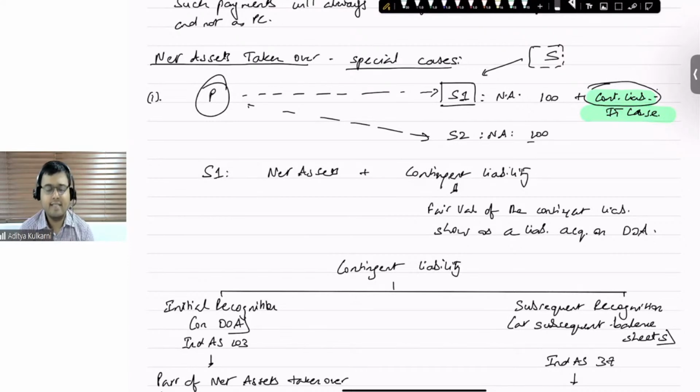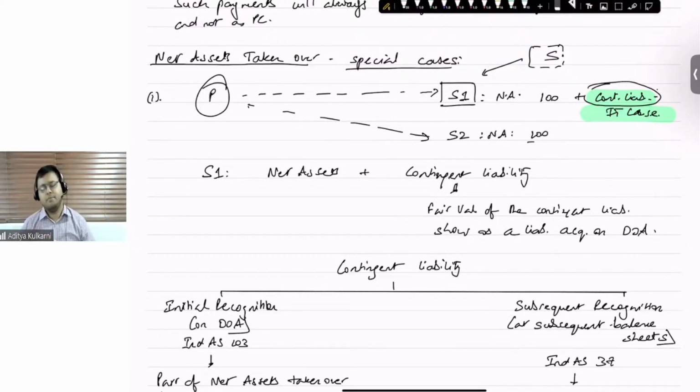But since in Ind AS 103 you are recording a contingent liability, you are also going to record the contingent asset in this case. Practically, Ind AS 103 ends up shaking a lot of your accounting concepts.